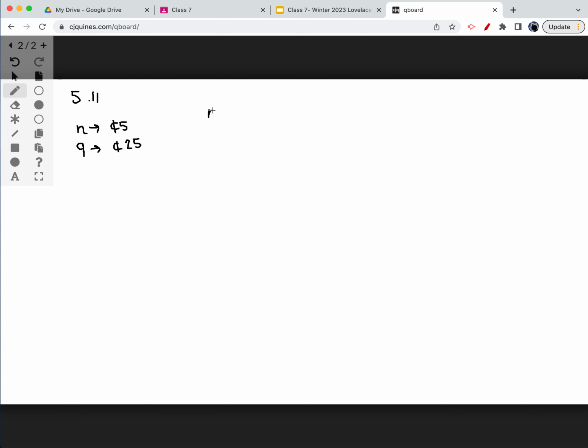So let's set up a table for nickels, which we say N, and quarters, which are Q.